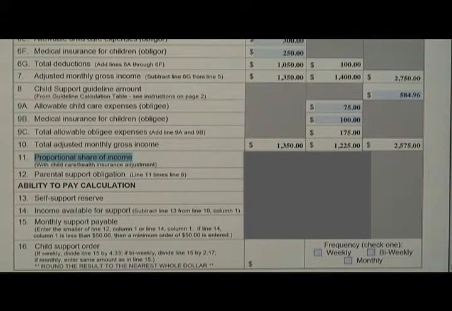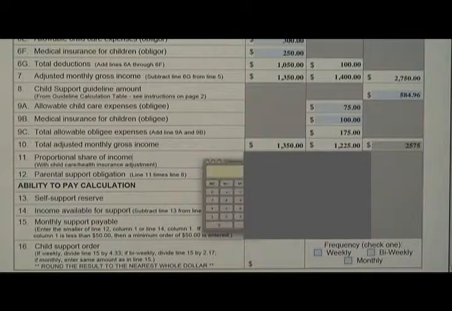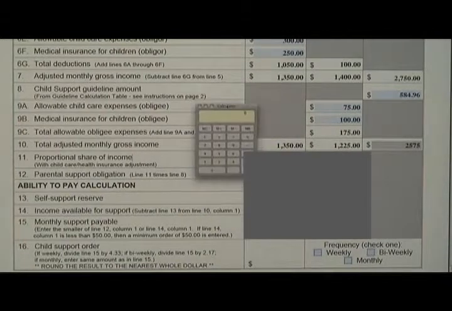So, to determine each individual's proportional shared amount of income, we take the individual's adjusted monthly gross income and divide it by their combined monthly gross income. In this case, the obligor, John, makes $1,350 a month.